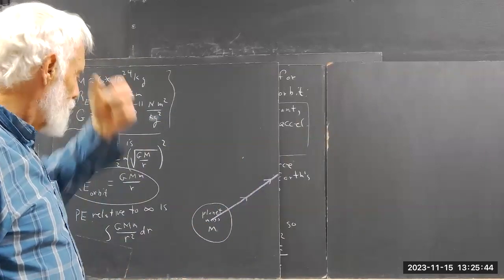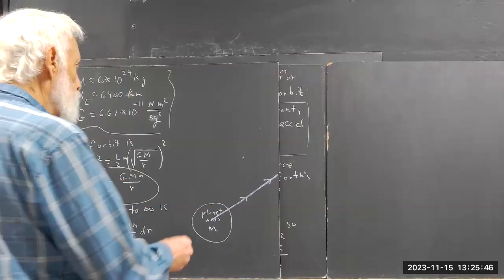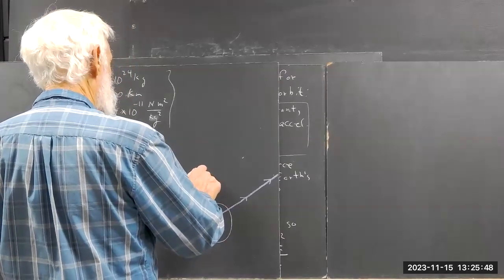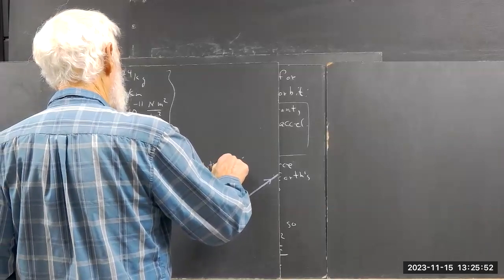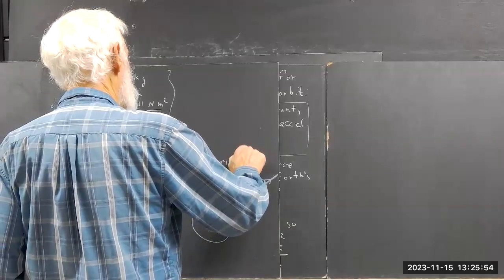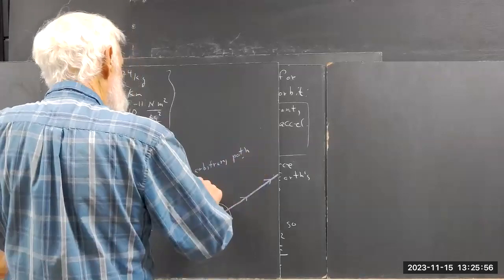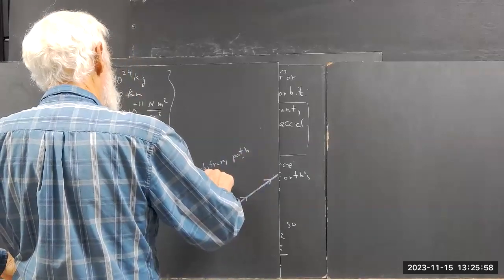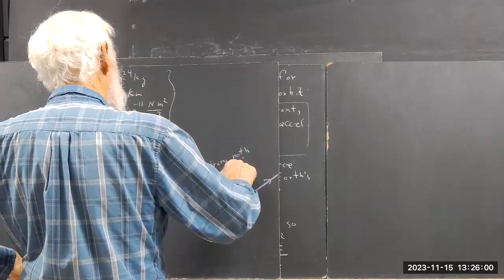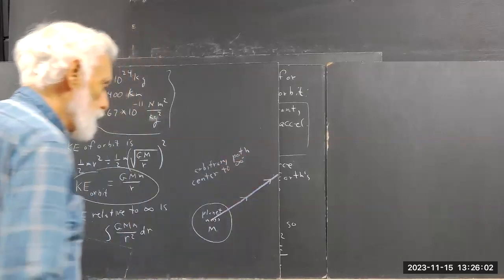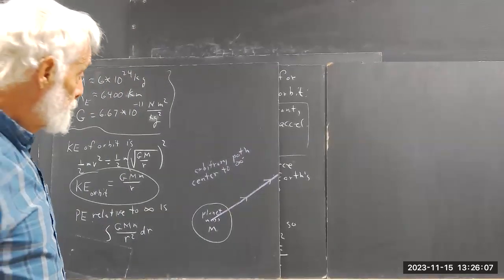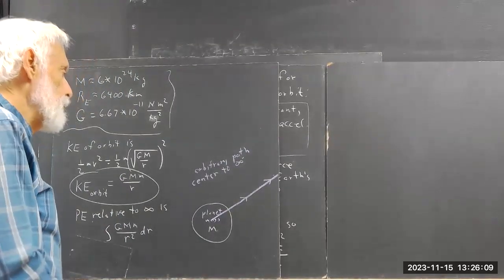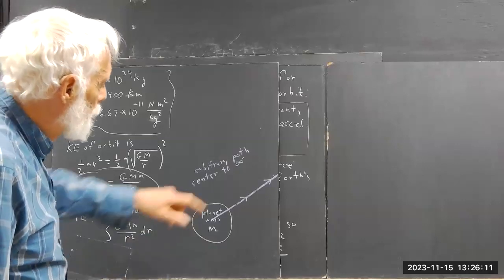Okay, so now this is an arbitrary path from the center of the planet to infinity. Okay. We don't want to try to integrate over this whole path.